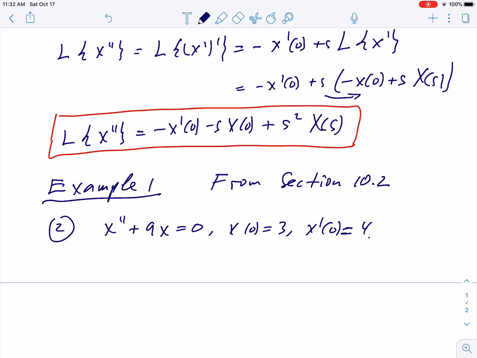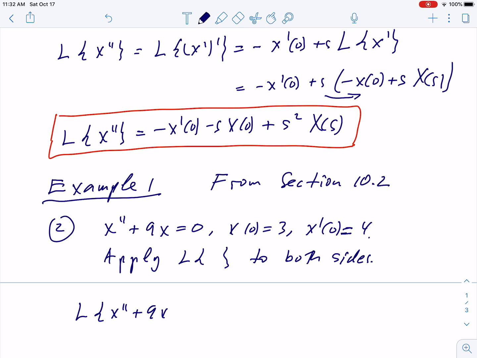So we apply Laplace to both sides of the equation. Laplace x second plus 9x equals Laplace 0. Well, Laplace 0 is 0.